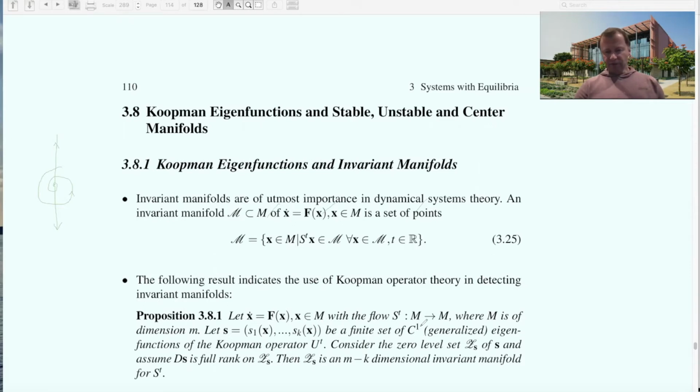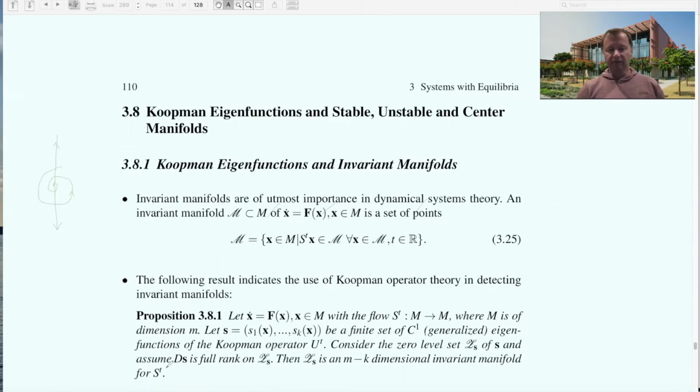Let's assume that they are smooth, and they can be generalized eigenfunctions. They don't necessarily need to be pure eigenfunctions. If we consider the zero level set, Z_S, of this, a joint level set of all these functions, and we assume that dS is full rank on that zero level set, then that level set is an m minus k dimensional invariant manifold for the flow.